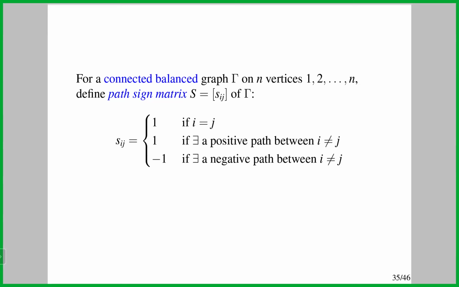So this is a nice characterization of balanced graphs: between any two vertices, either all paths are positive or all paths are negative. If you have a positive path between vertex i and j, then the ijth entry is 1. If you have a negative path, then the ijth entry is -1. So I call this matrix the path sign matrix.